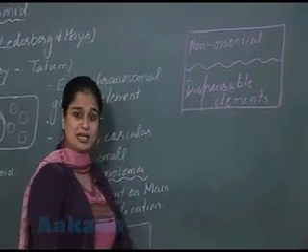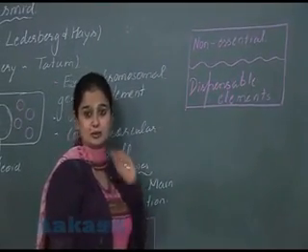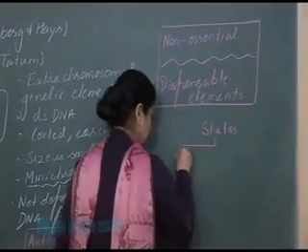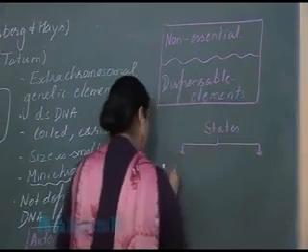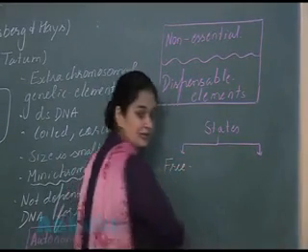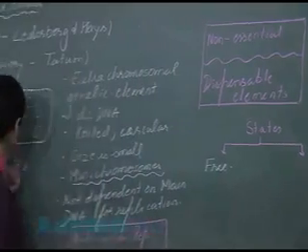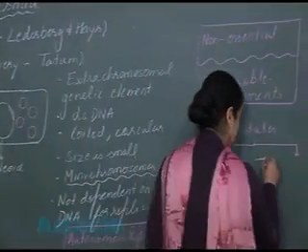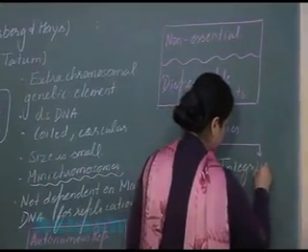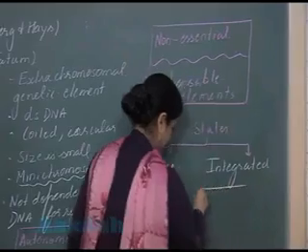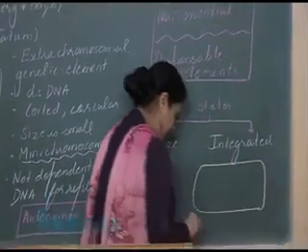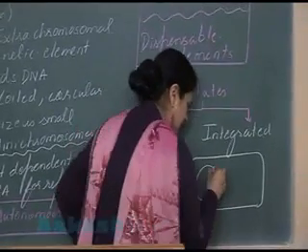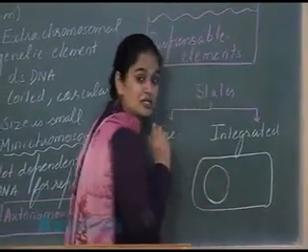Now the plasmid in the bacterial cell can occur in two states. One is the free state, which I have shown here, and the second is the integrated state. Let's see what the integrated one is. This is the main DNA, and in the main DNA you can see there is integration of plasmid.